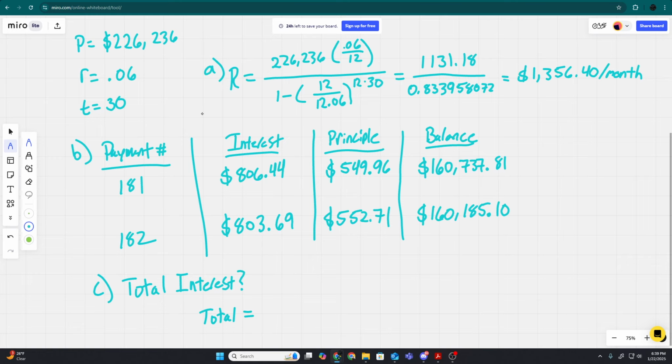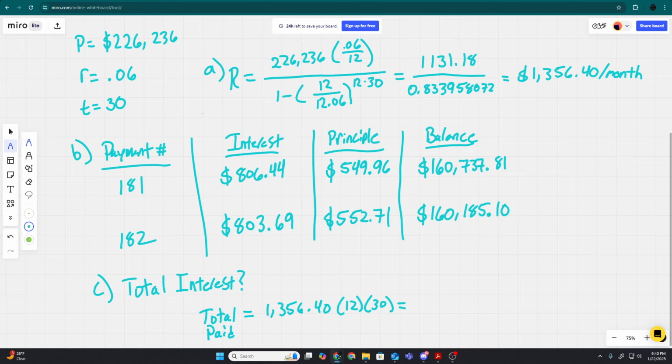Okay, so first off, we need to know the total spent, which is equal to our payment, $1,356.40. We make that payment 12 times for 30 years. So we multiply all this out. This would be the total paid. I'm going to add that in there. This is the total paid, so this is including principal and interest together.